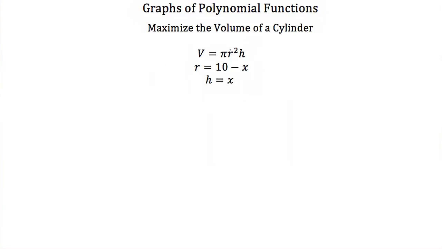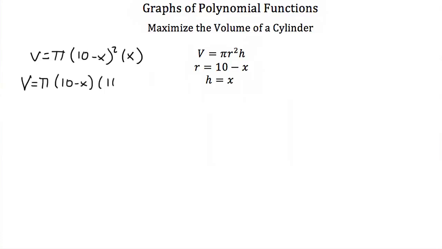Well, if we plug that in for r and h, we'll get our volume is equal to pi times 10 minus x squared, and then times x again. So this is the same as volume is equal to pi times 10 minus x times 10 minus x again, and then times x, because this is just our square. Now if I multiply this out, I'm going to take these first two terms.